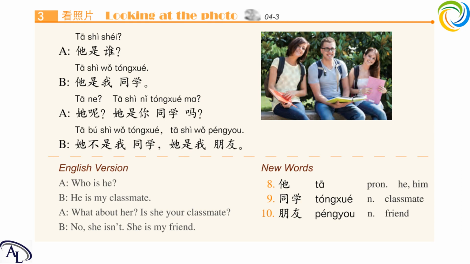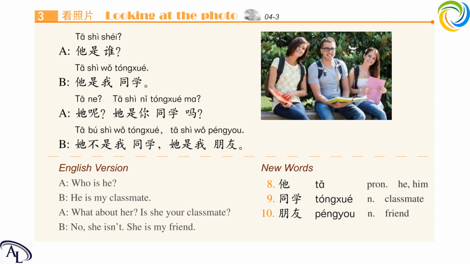同学 means classmate. So try to say, we are classmates. We've learned how to say we, which is 我们, and are is 是, we are. 我们是 classmates, 同学.